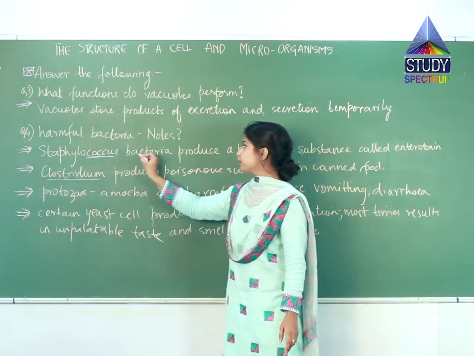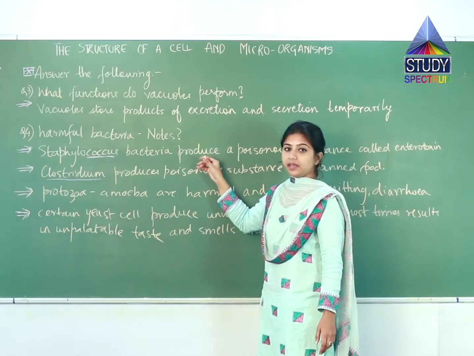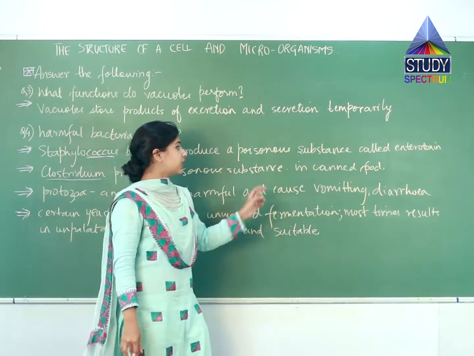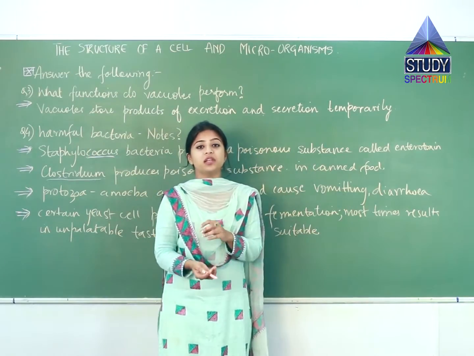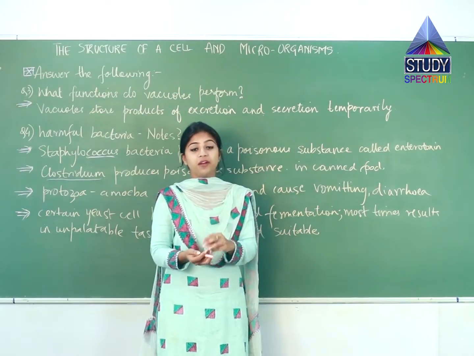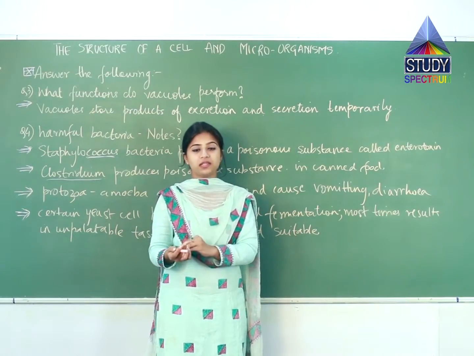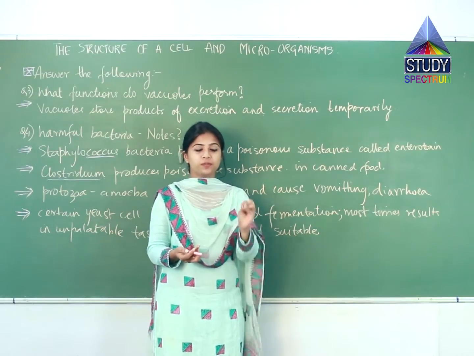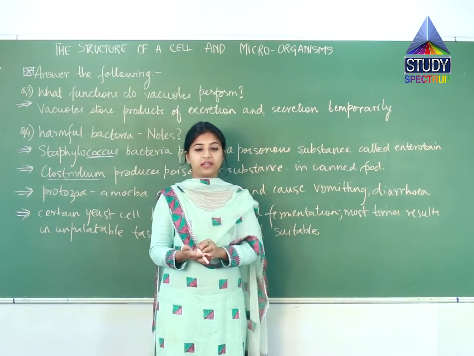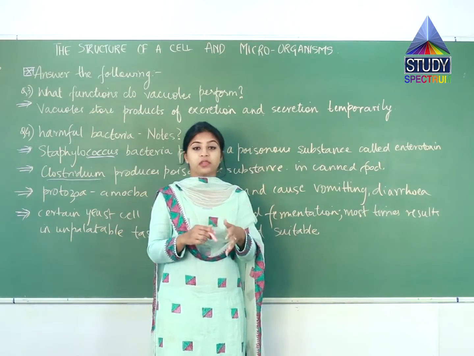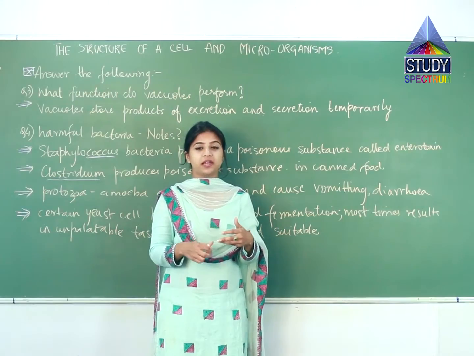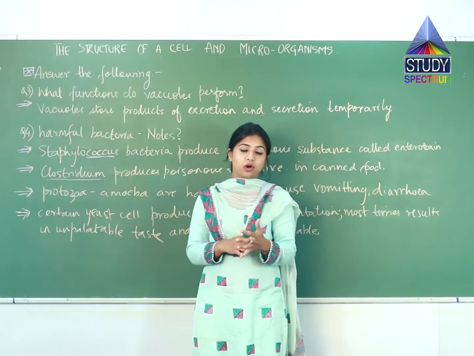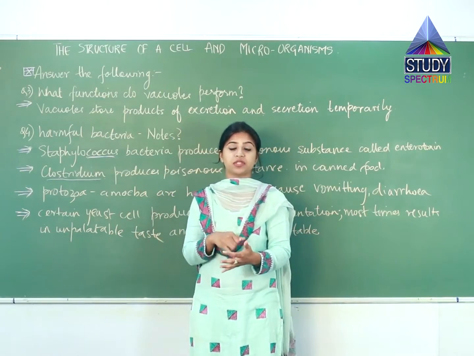Staphylococcus produces a poisonous substance, the enterotoxin. When this enterotoxin is introduced into food and that food is consumed by another organism, it leads to infection or disease like diarrhea, vomiting or stomach aches. To cure these, it is very important to visit doctors at the right time and have the right prescriptions.